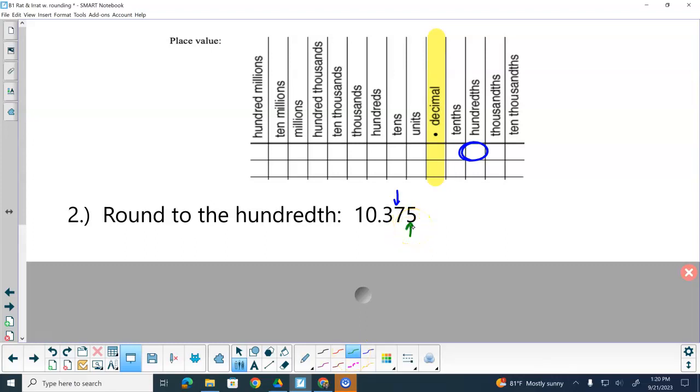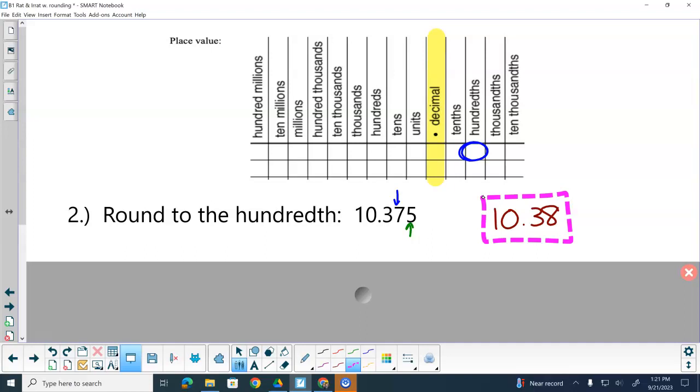Is that a keep the same or up by 1? Up by 1. So this one rounded to the hundredths would be 10.38. Round up. 0 through 4, we keep the same. 5 through 9, we round up.